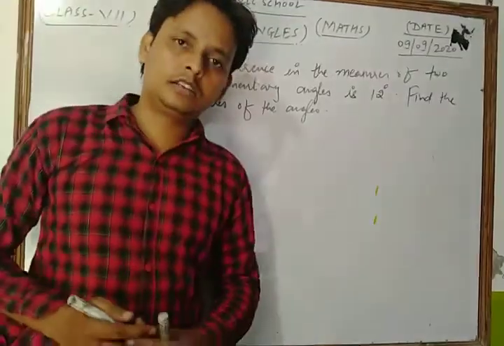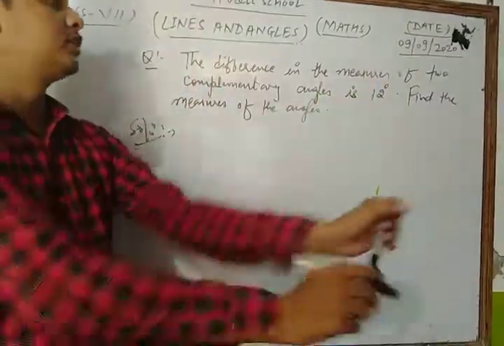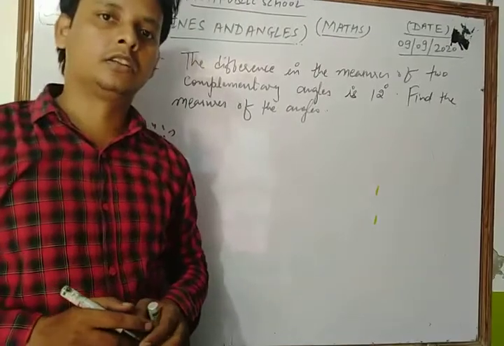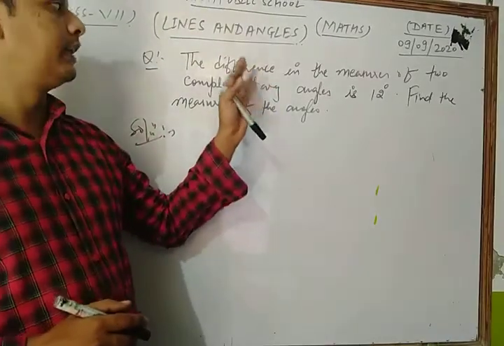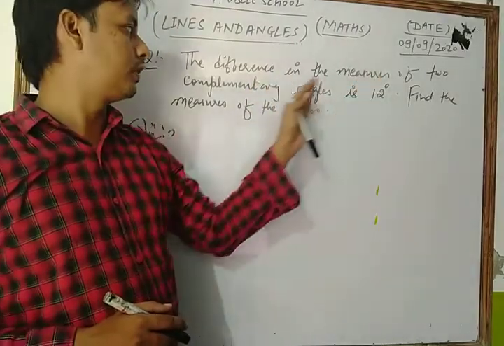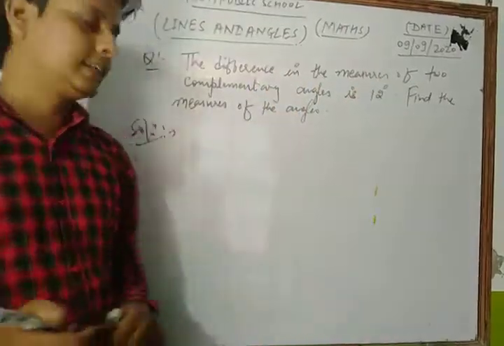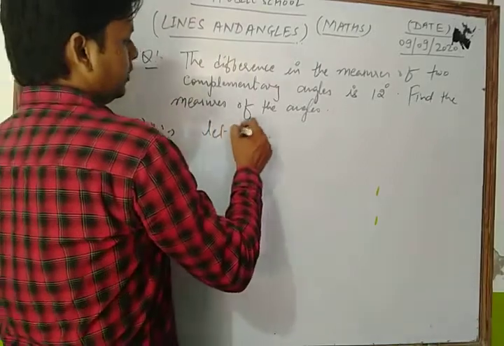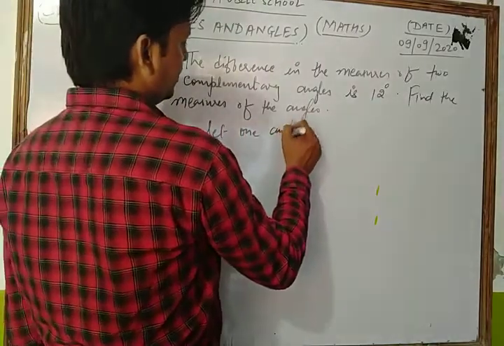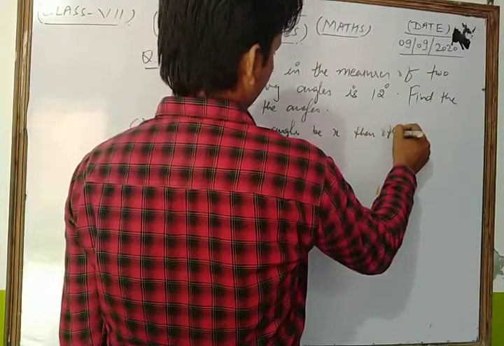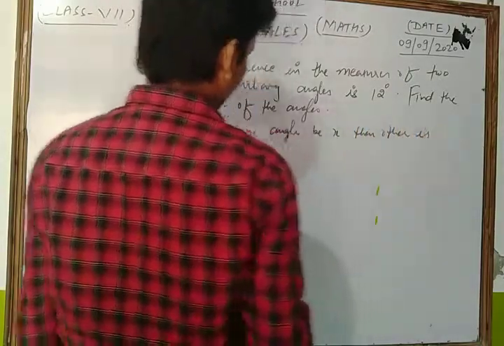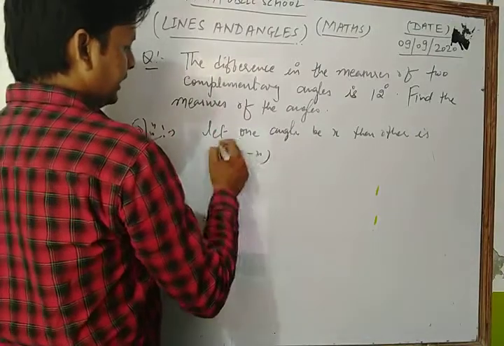Here your question is: the difference in the measures of two complementary angles is 12. Let one angle be x, then the other is what? 90 minus x.